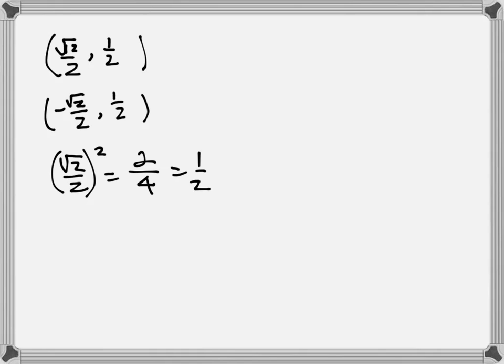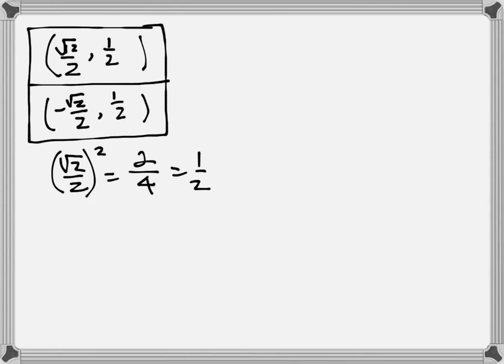And if you do it with a negative, it gives you also positive 1/2 because the negative cancels out. So I have 2 answers to this question. There are actually 2 points that are the closest point because the graph is symmetric, right? That should make sense. And they are at square root 2 over 2, 1/2 and negative square root 2 over 2, 1/2. Any questions on that one?